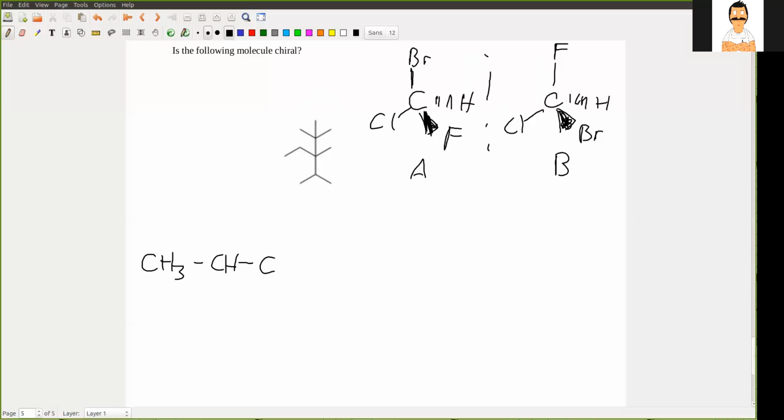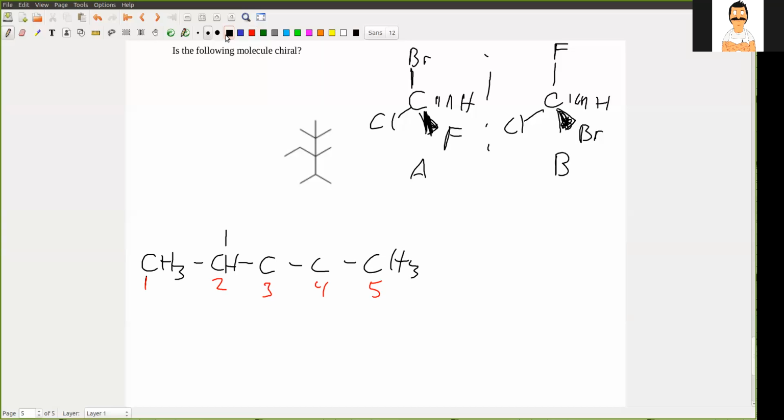And then a CH, a C, and a CH3. That's our main chain. It's a pentane. And then let's label the carbons 1, 2, 3, 4, and 5.